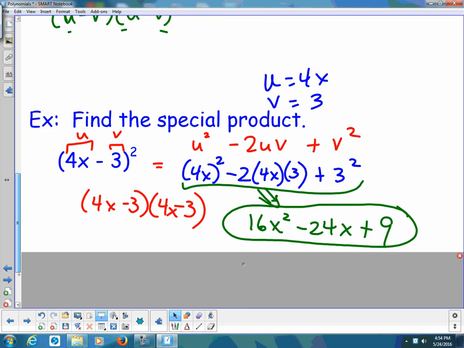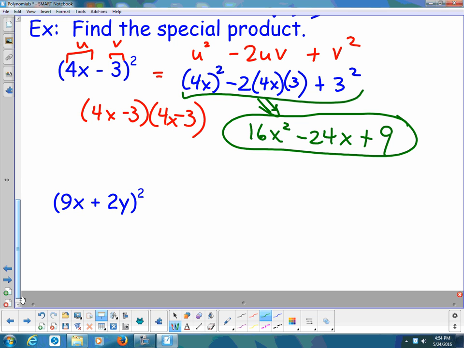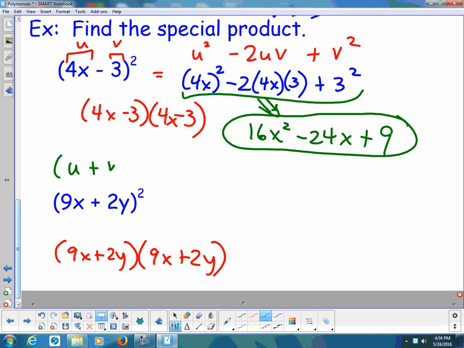All right, let's try one more of these examples. For this one, I have (9x + 2y) quantity squared. Again, I could use FOIL and do (9x + 2y) times another (9x + 2y) and do first, outer, inner, last. But let's try and use the pattern that we are given. So in this case, I notice that it's a (u + v) quantity squared pattern, where 9x is my u and 2y is my v.